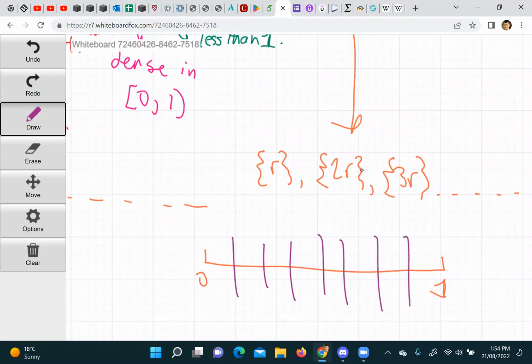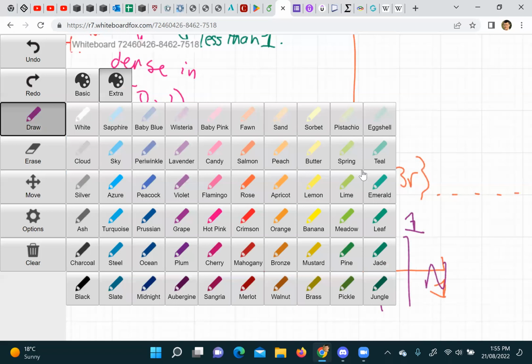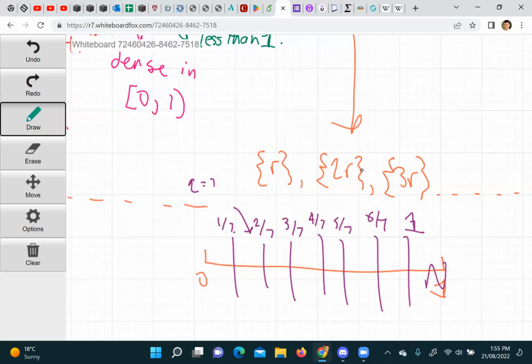For example, let's say Q equals 7, so 1 over 7. Oh no, Q equals 8. He crossed it out.